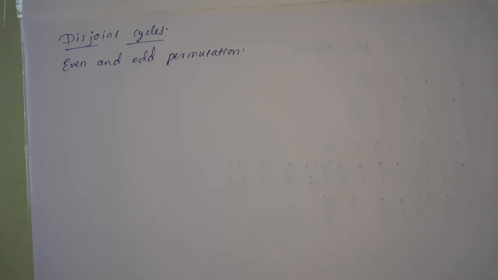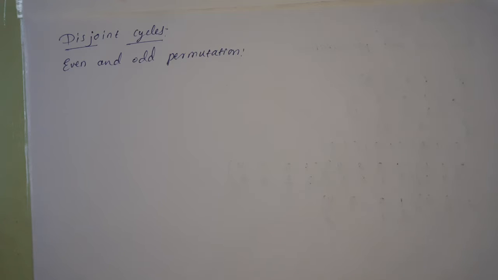Then depending on the number of transpositions after decomposing a given cycle, if the number of transpositions is even, that is called an even permutation. If the number of transpositions is odd, then that permutation is called odd permutation.